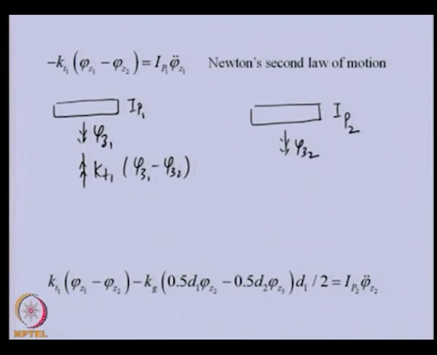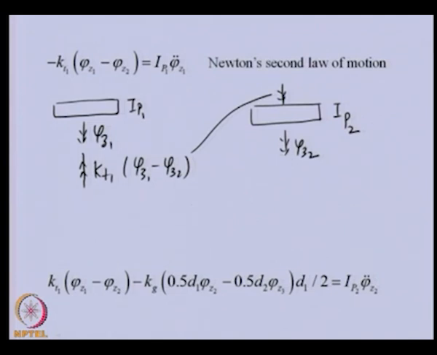This torque will act in the opposite direction to the previous one here. This torque will be acting here, and apart from this, there is the flexibility of the linear spring.